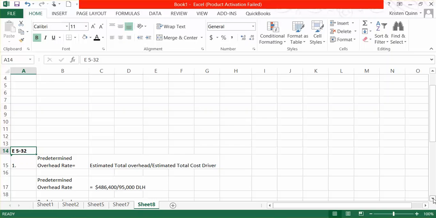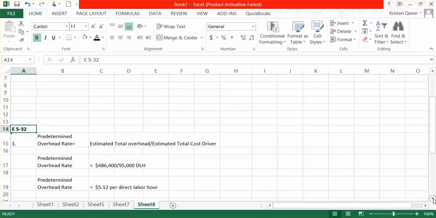In part 2, they ask us to determine how much overhead was applied in the month of January. They tell us in January that the company actually had 7,830 direct labor hours. Even though we've based it upon estimates here, we're going to apply our rate based on the actual amount of direct labor hours that were consumed during the month of January.